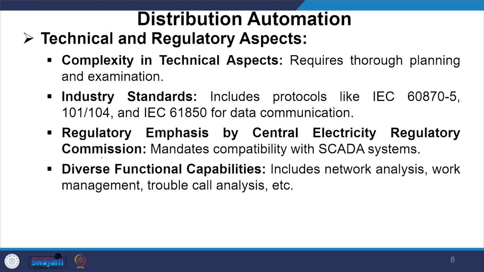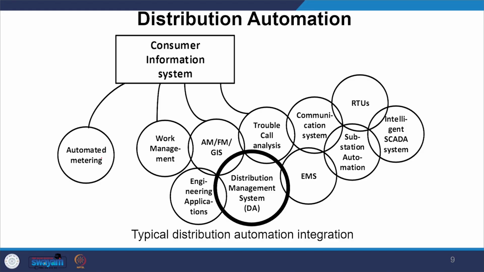Now, there is a bit of complexity in the technical aspects, which requires thorough planning and examination. It includes protocols like IEC 60870-5-101/104 and IEC 61850 for data communication, and it also mandates compatibility with SCADA systems, and includes network analysis, work management, trouble call analysis, etc. In a typical distribution system integration, different blocks are integrated through a consumer information system.